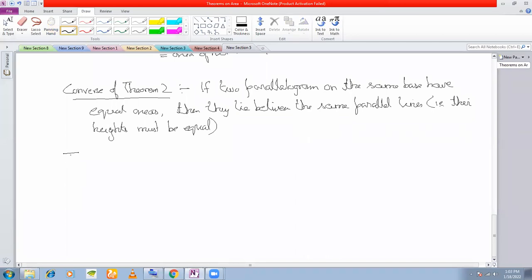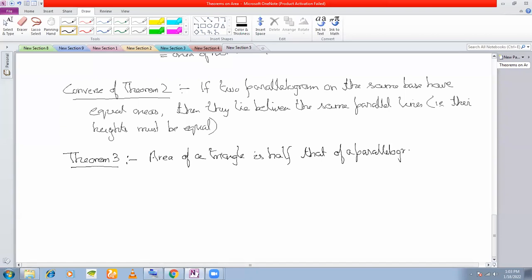Next theorem, Theorem 3. This is a very important theorem, that area of a triangle is half that of a parallelogram on the same base and between the same parallel lines.